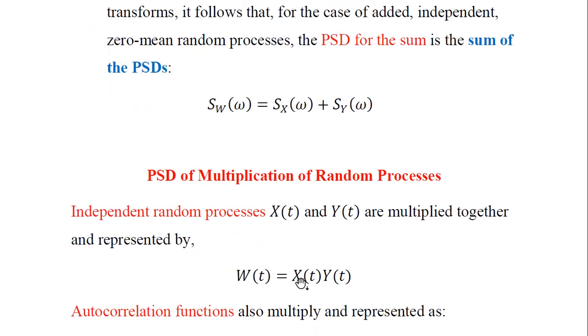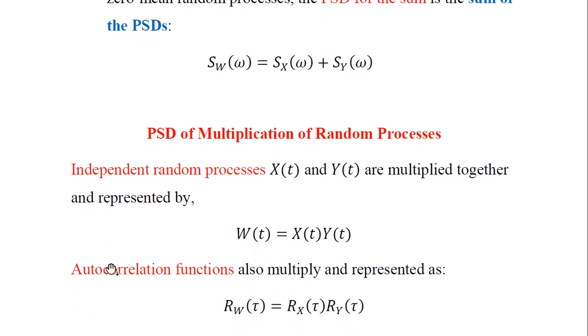The resultant product is w. So autocorrelation functions also multiply, and the autocorrelation function of w is equal to autocorrelation of x multiplied with autocorrelation of y, where the time difference is equal to tau.